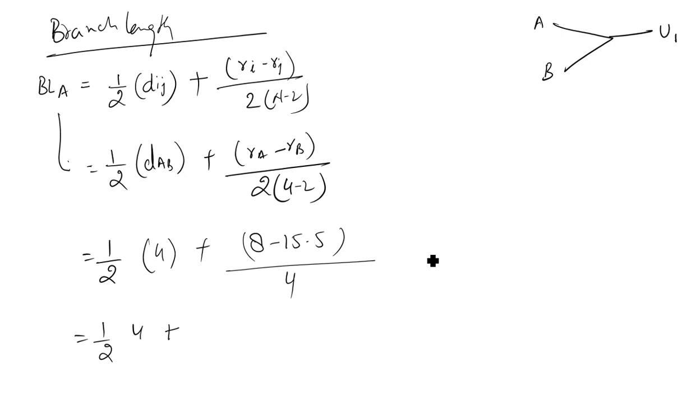If we calculate this, it will be 0.5 minus 7.5 divided by 4, so the value will come minus 1.875.